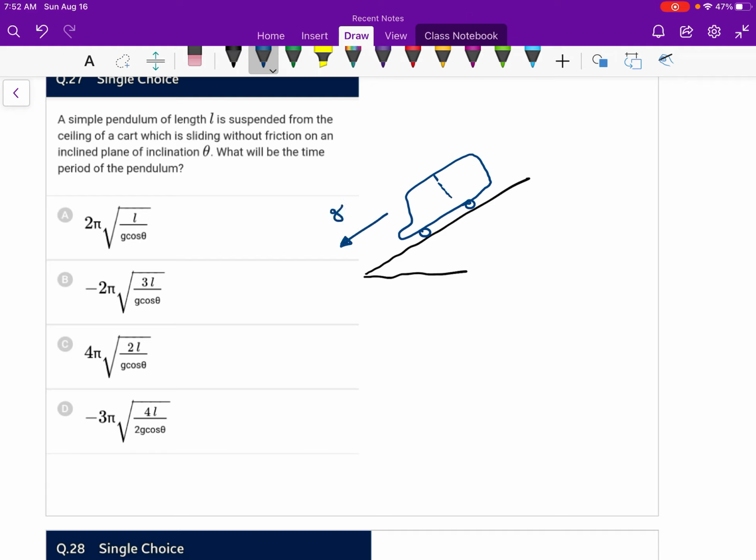Okay. So simple, this cart is moving down with acceleration g sin theta. So g effective vector is g vector minus a vector. Okay. So g vector is in this direction, which we can write as g cos theta and g sin theta.